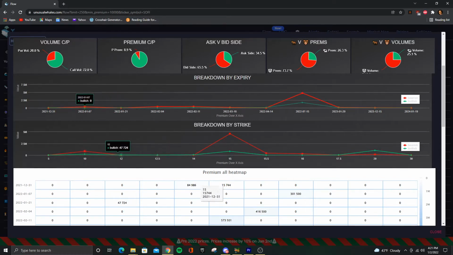But again, that'll change. Breakdown by strike price. So for the $15 strike price, you have 830K bullish to 4.5 mil on the bear side.